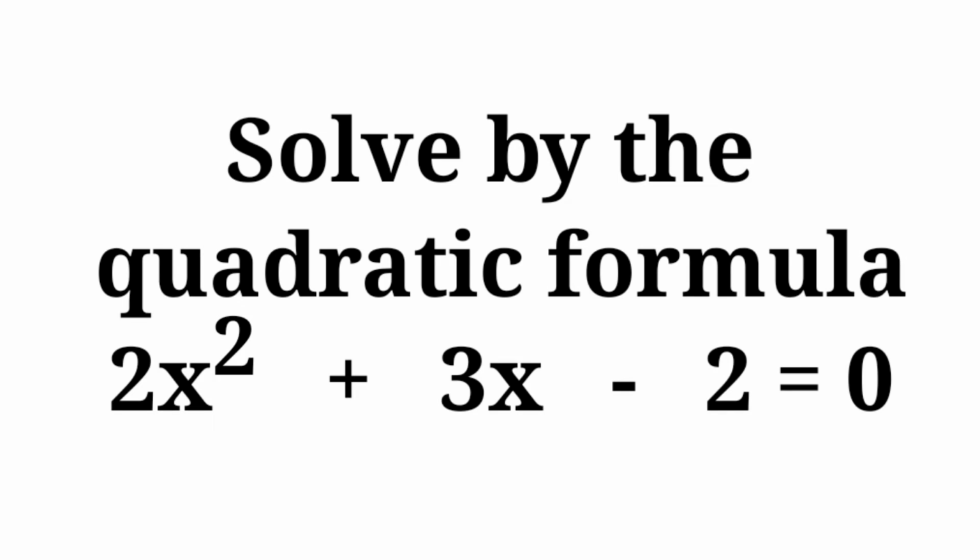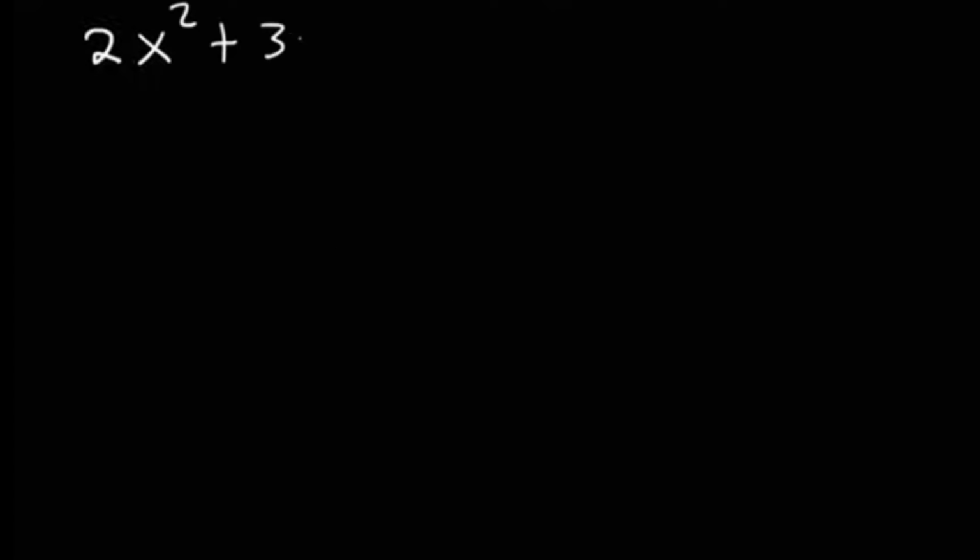Solved by quadratic formula: 2x squared plus 3x minus 2 equals 0.